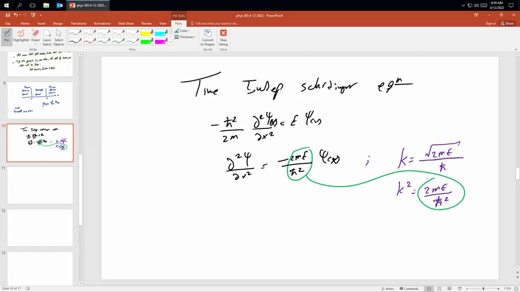So we can substitute k in there. So d2 psi over dx squared plus k squared psi is going to equal to 0. Understand what the k is? Kinetic energy, right?